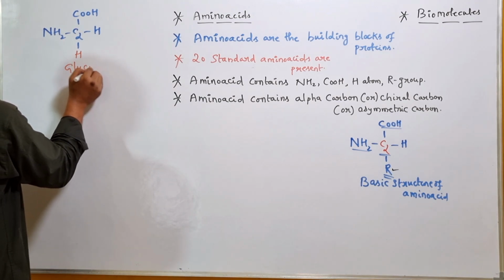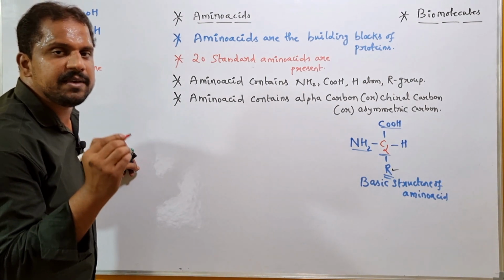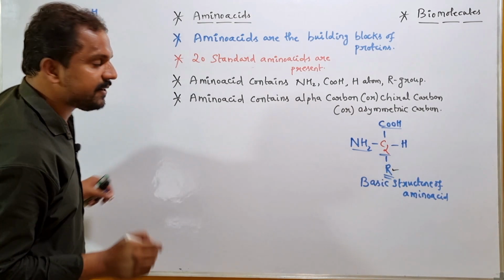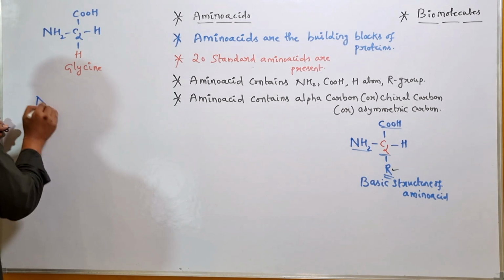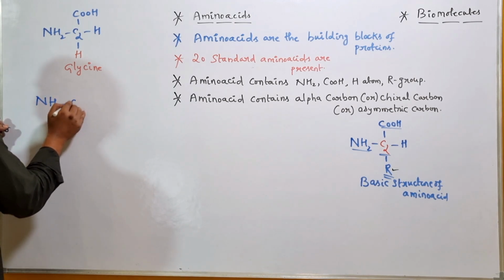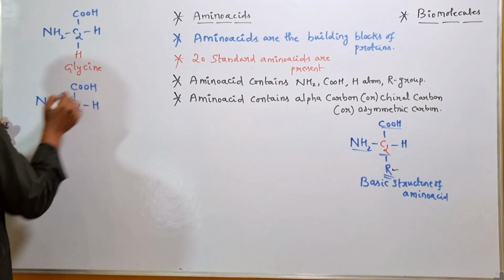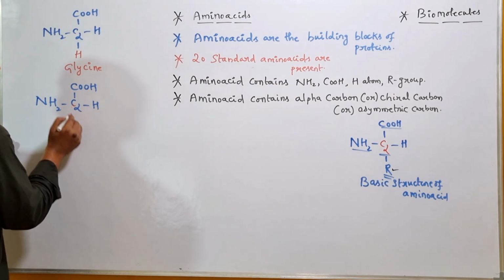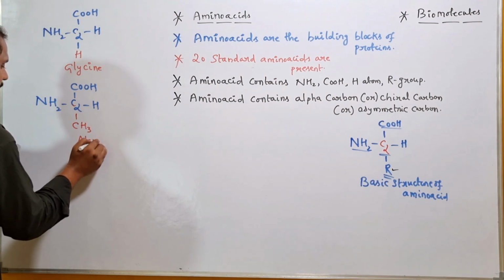So here it is termed as glycine. Then in the same way, if the specific R group is occupied by a methyl group, then the specific amino acid is termed as alanine.